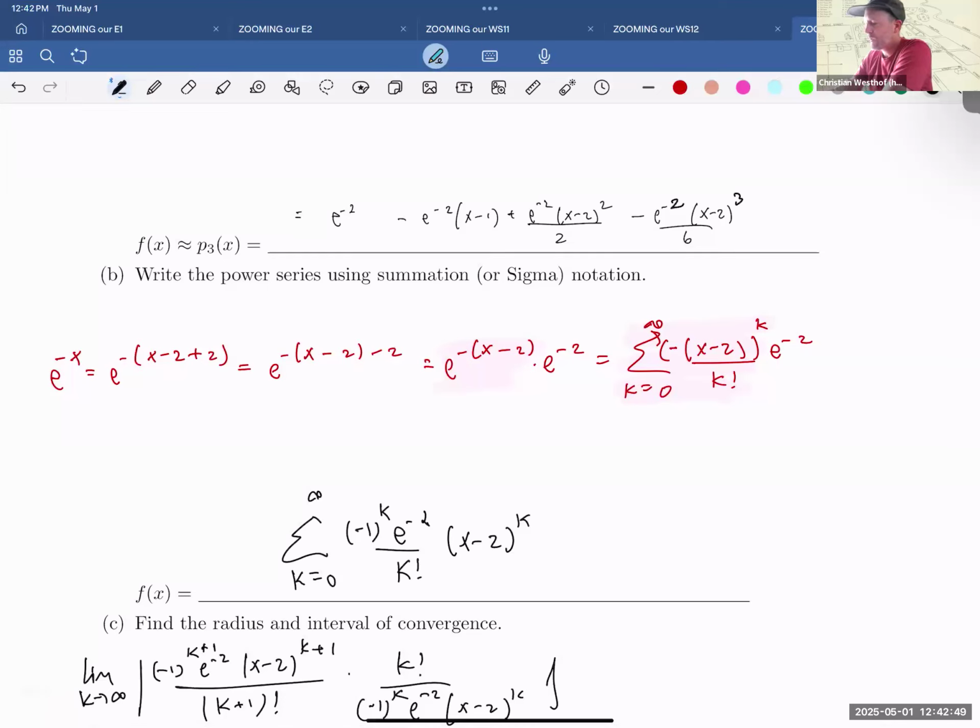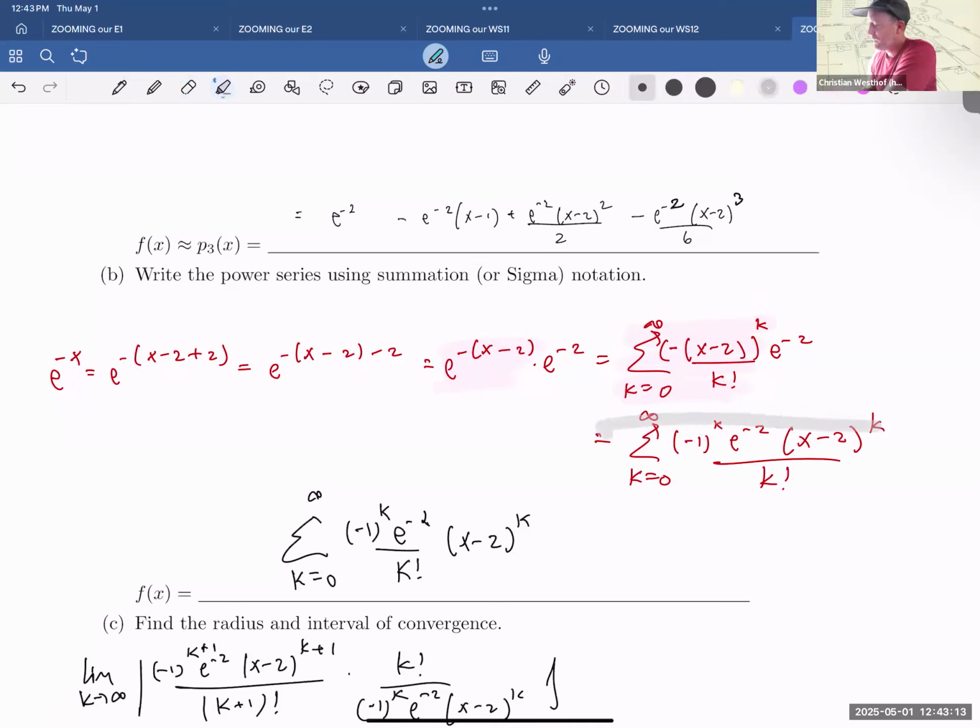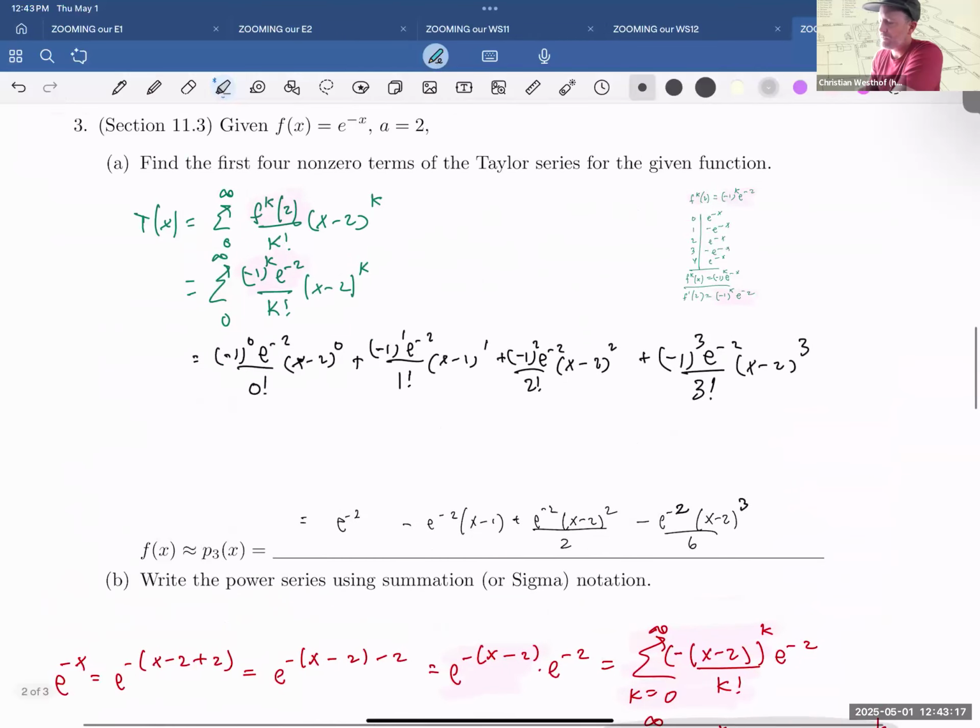Then if we work on that power series a little bit, we would have the sum from 0 to infinity. The k here distributes to the x minus 2, but not the x and not the 2, just the x minus 2, and then to that negative 1. So we would have negative 1 to the k, e to the negative 2, x minus 2 to the k, all over k factorial. And check that out there. Let's use another color. Let's use gray. All right, that in gray is the same as what we had up there.